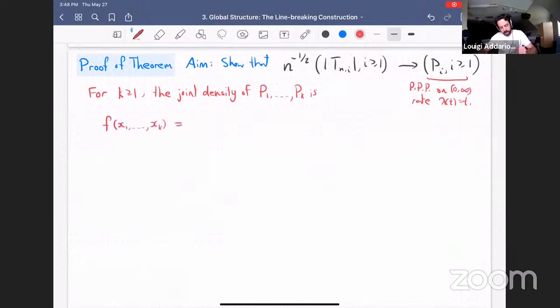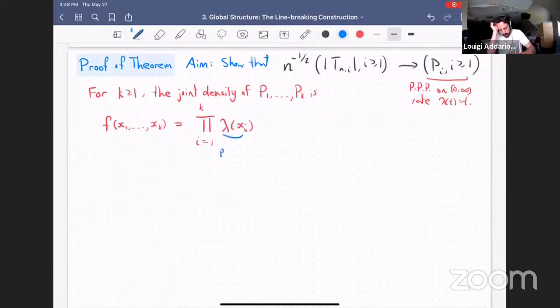What does this mean? We're asking about the density of the event that p1 is at x1, p2 is at x2, and so on up to pk at xk. So we can write that as a product for i from 1 to k of the rate at which a point arrives at location xi. So that's lambda of xi.